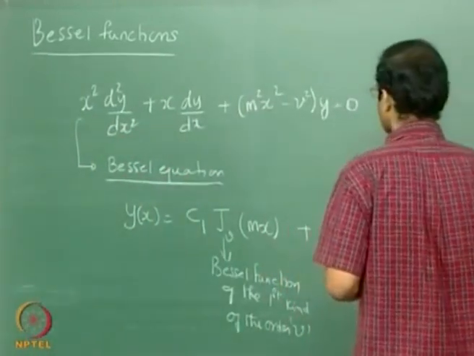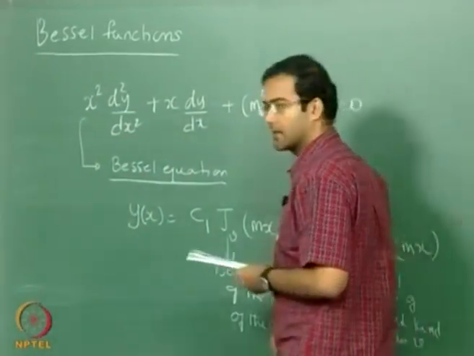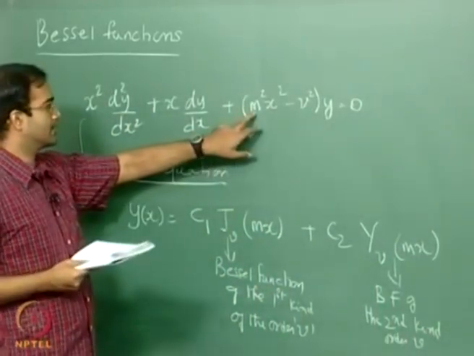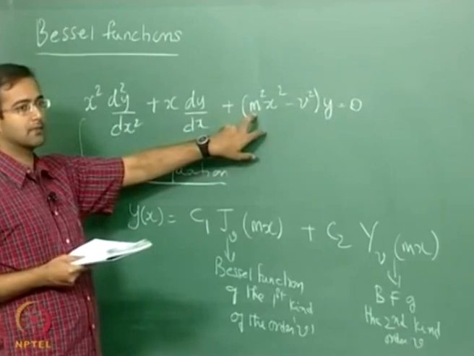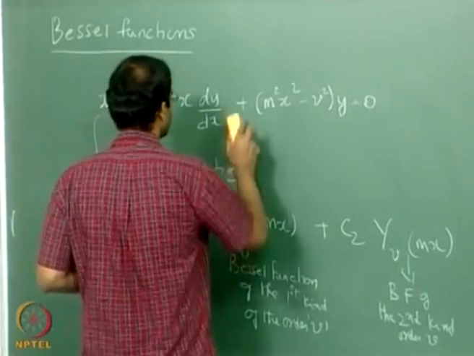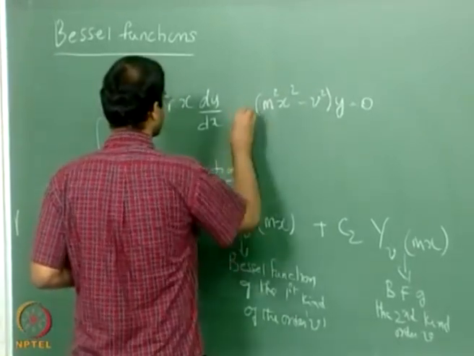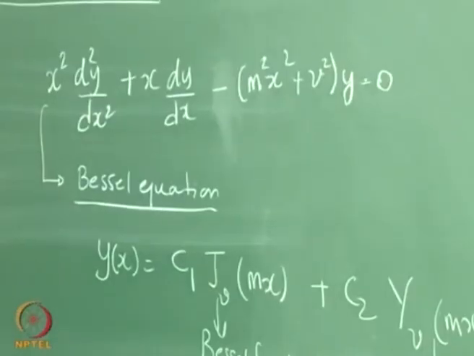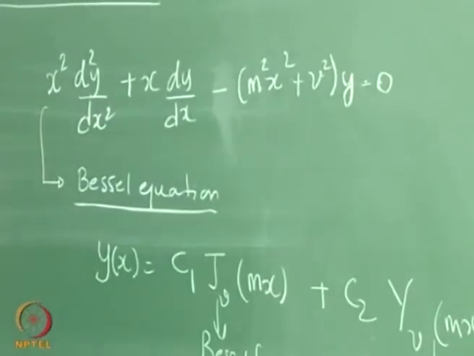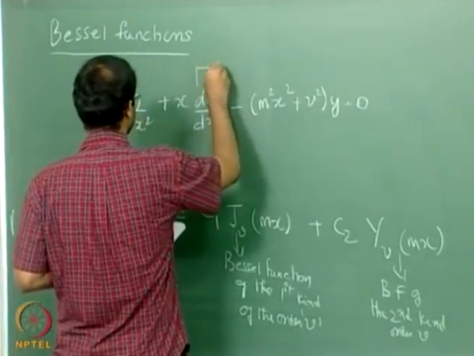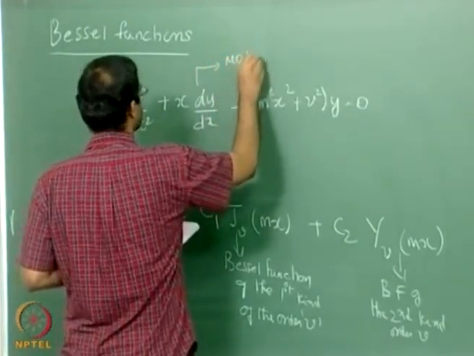Now you can slightly write this Bessel equation in a different way. Suppose your m square here, instead of being a positive value, is a negative value. You replace it with a negative sign and write the equation like this. In that case, this becomes what is called a modified Bessel equation.